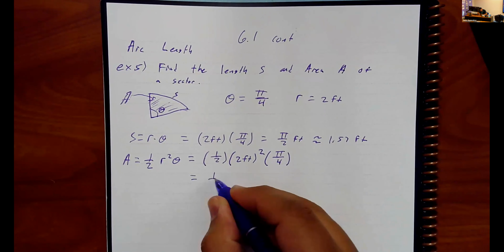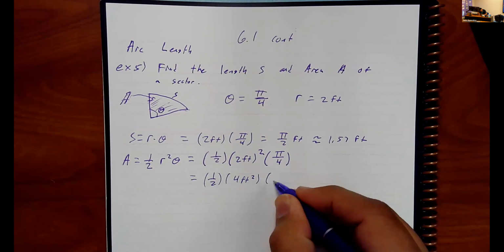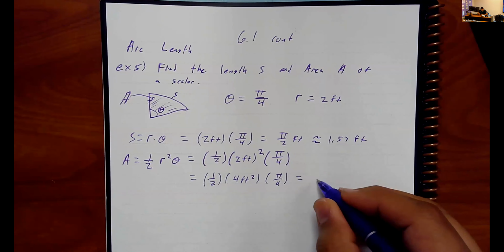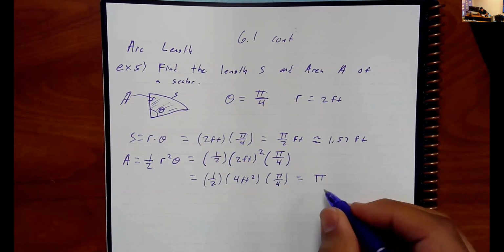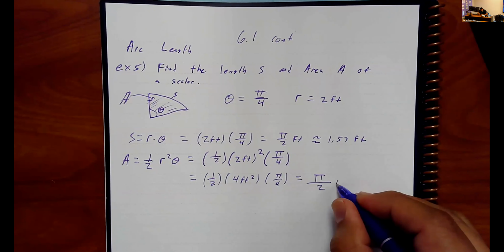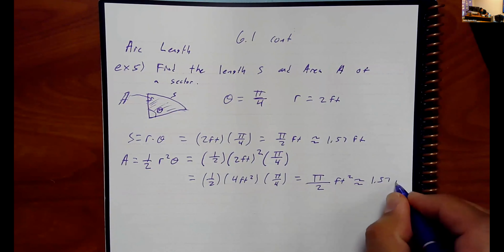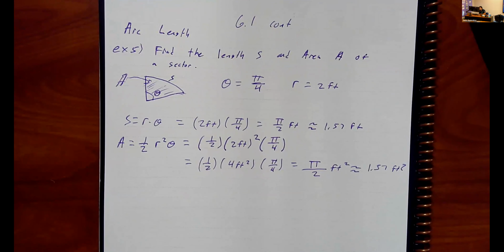So that's 1/2 times 4 feet squared times pi over 4, which just so happens to be pi over 2 feet squared. This is squared feet though. This rarely ever happens, that you get the same thing for area and the distance.